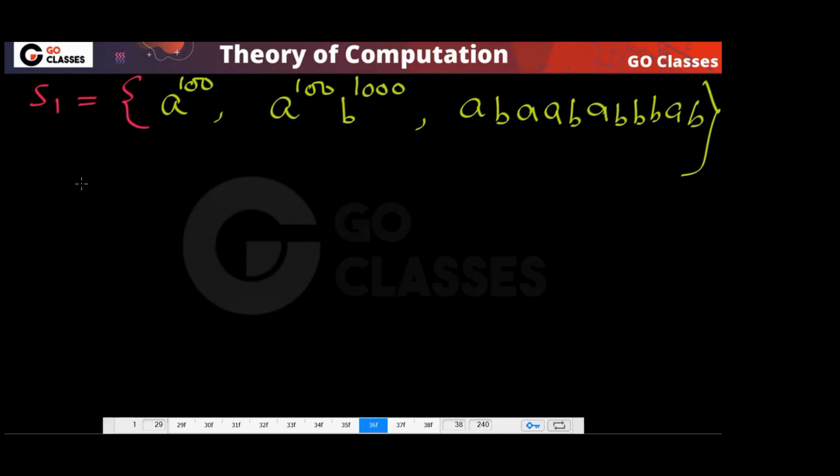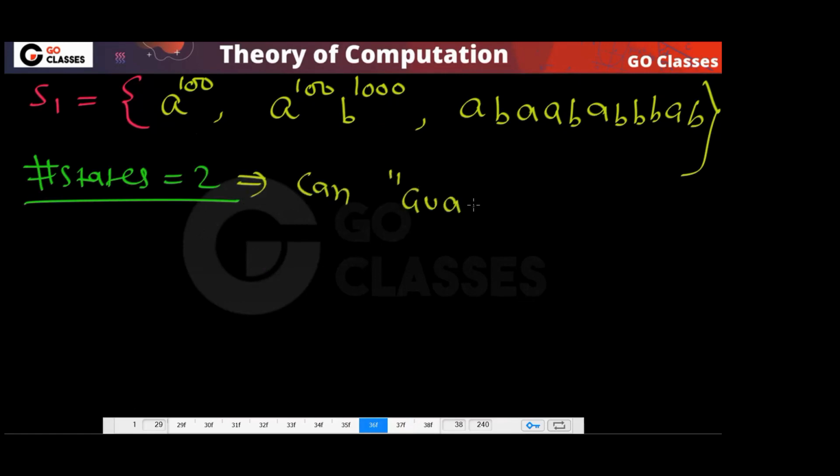You can guarantee it because your DFA has 2 states. Remember, the number of states in the DFA is 2. This is very important: you can guarantee without looking at the DFA. This guarantee is very important.